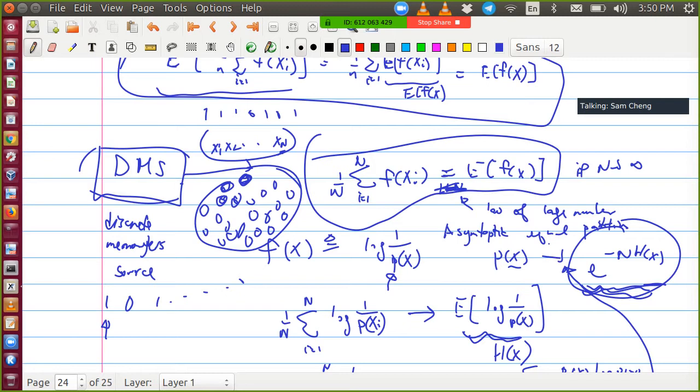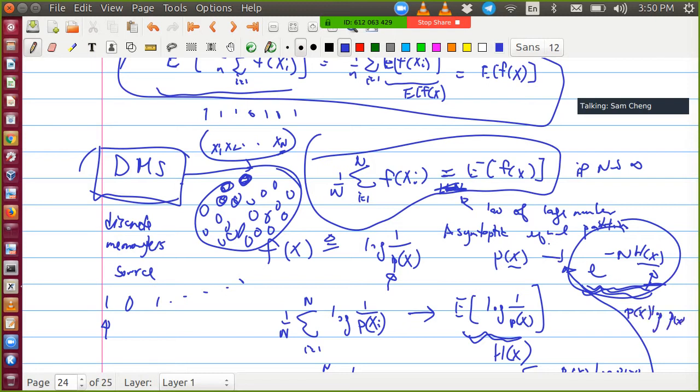And then the H(x) in here is the entropy for every sample, the entropy of that source. So basically, this is the sum of p(x) log p(x).